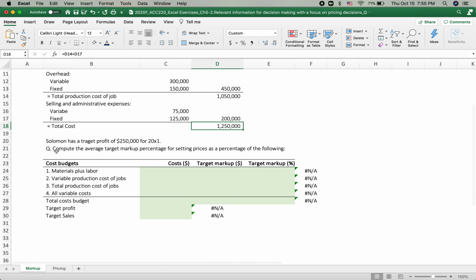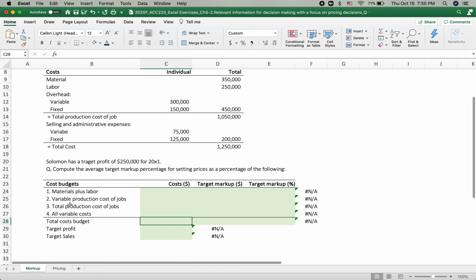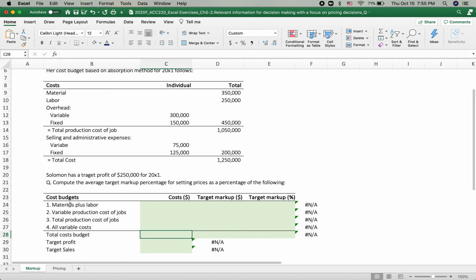So the Solomon has a target profit of 250,000. That is the target profit to get the target sales starting from the total budget. So we are going to go backward, starting from the total cost budget, that information we are given.